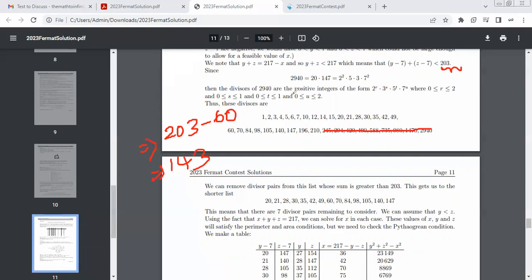Yeah, you're getting 143, but we don't have 143 here. Since 143 is lesser than 203, you can include 60 in this. So it just has to be lesser than 203. That is the thing you need to keep in mind.